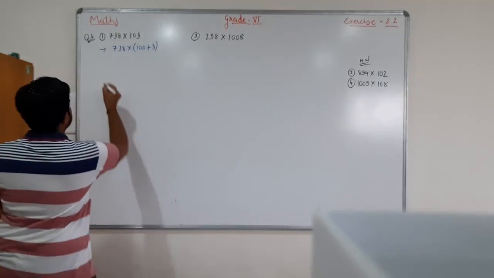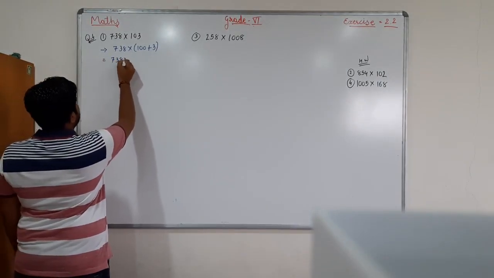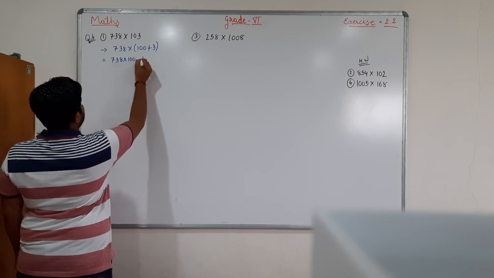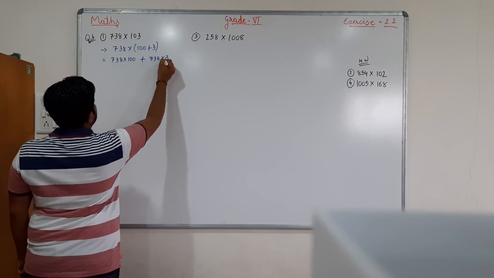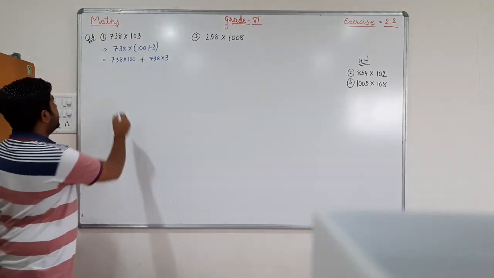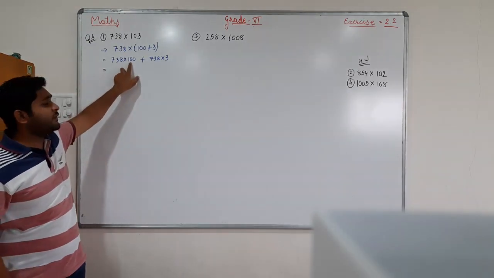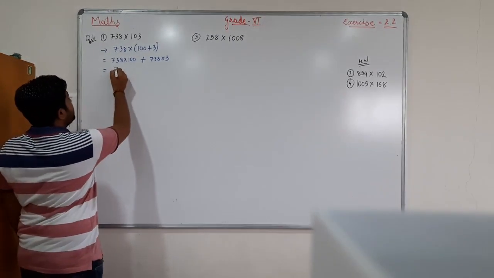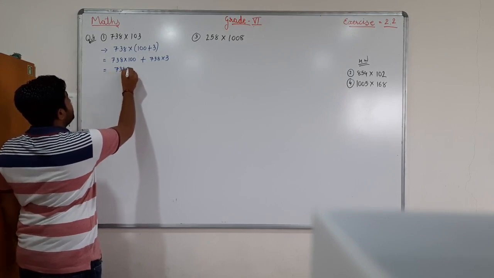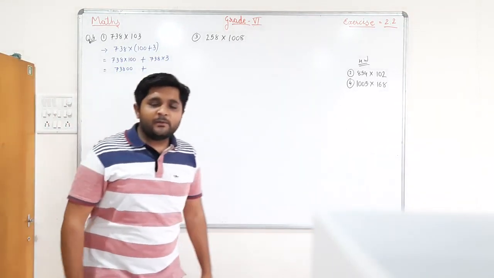738 multiplied by 100 plus 738 multiplied by 3. Now, 738 multiplied by 100: 738 ones are 738 and there are 2 zeros, so you write down 2 zeros. 73800 plus 738 multiplied by 3.